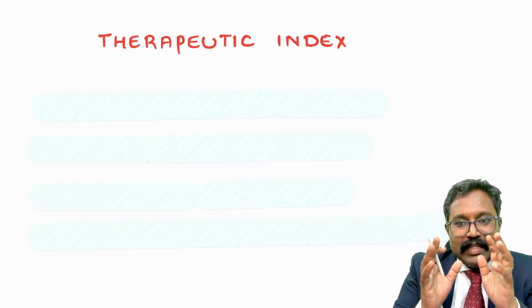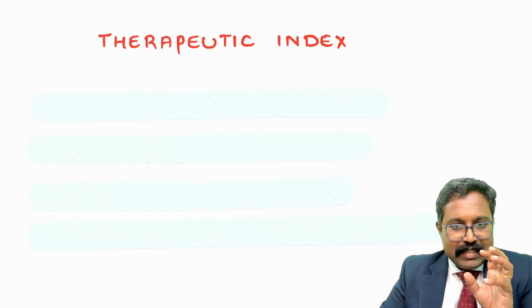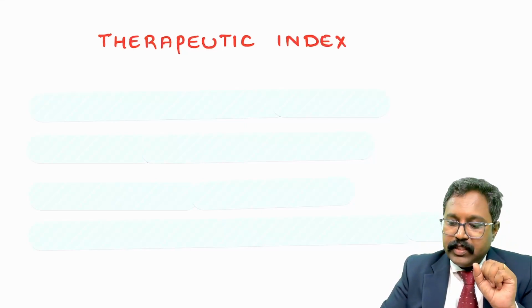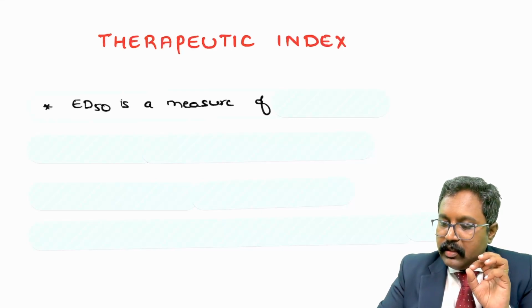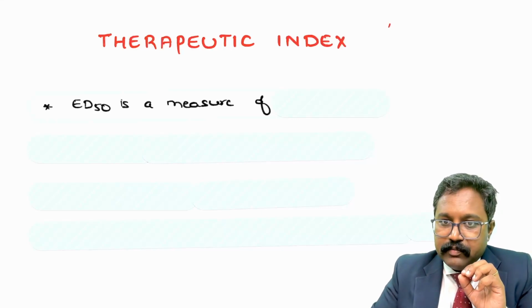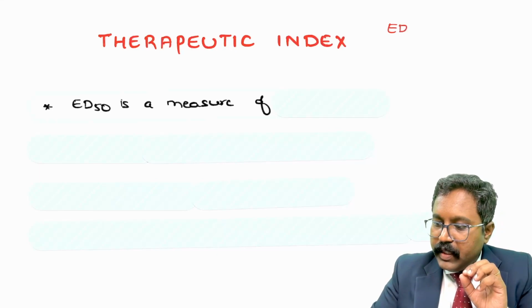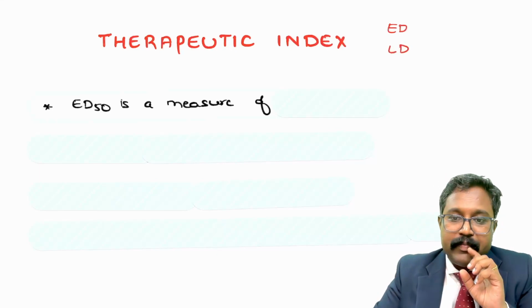So, what do you understand by therapeutic index? Let us understand these important points. Here you need to understand two things. One is the ED, and another one is the LD.